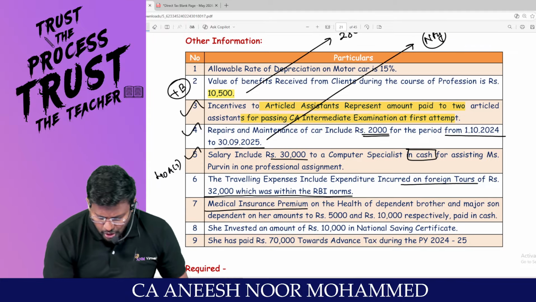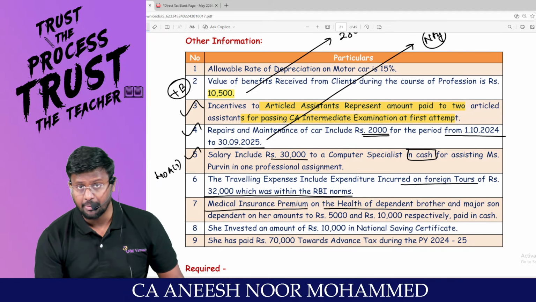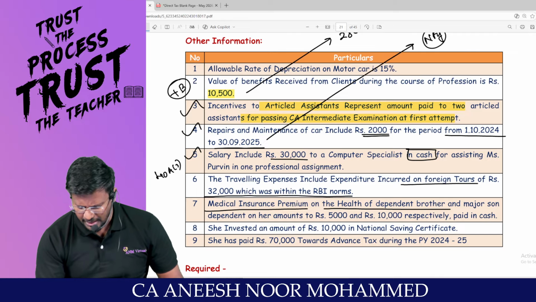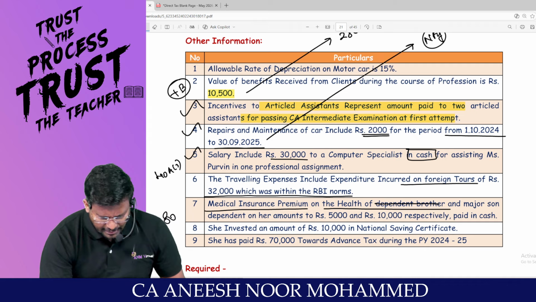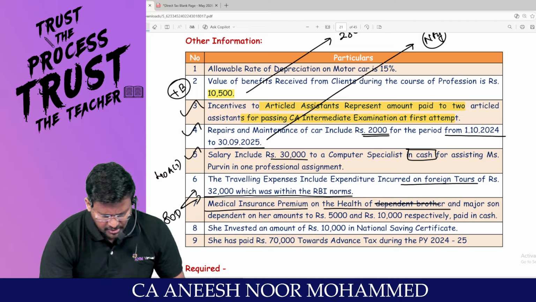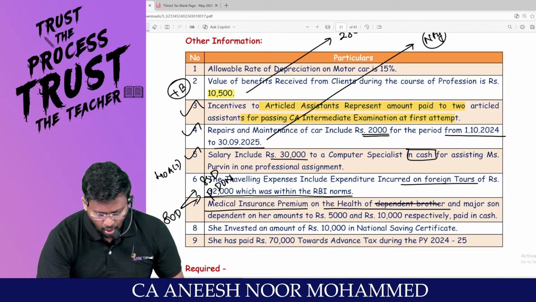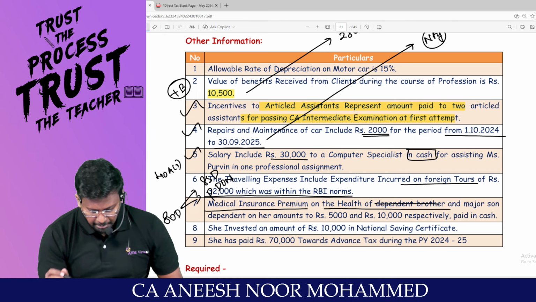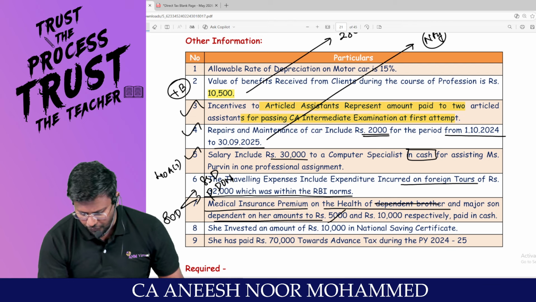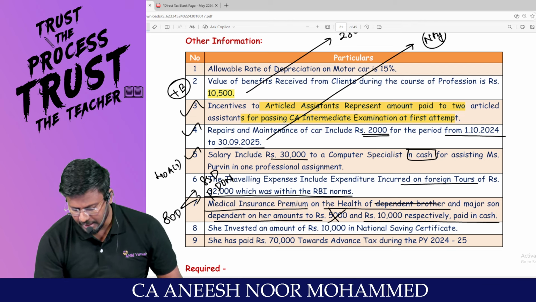Medical insurance premium on health of dependent brother. Does brother form part of family? 80D is applicable only for self and spouse, children, and parents, dependent or not. Am I right? And major son dependent or not. 5,000 put it in the dustbin, but 10,000 allowed, but paid in cash, not allowed.